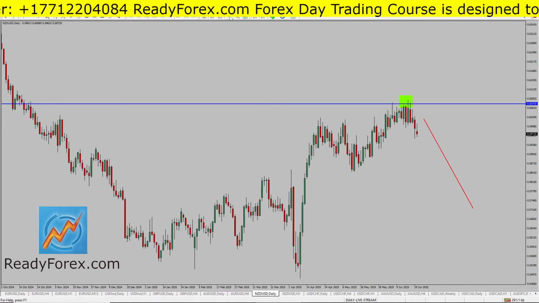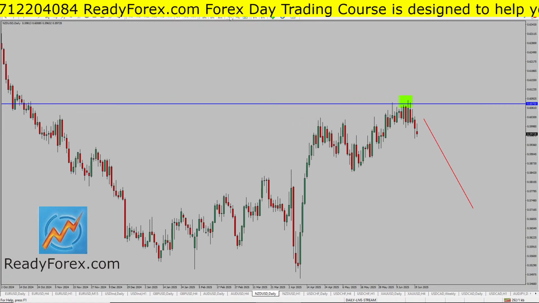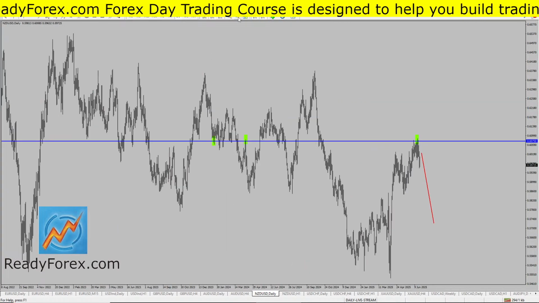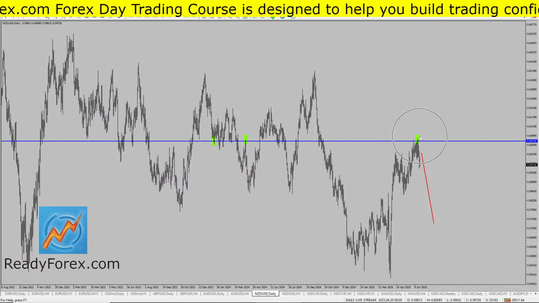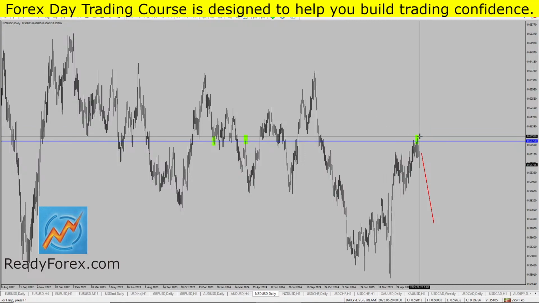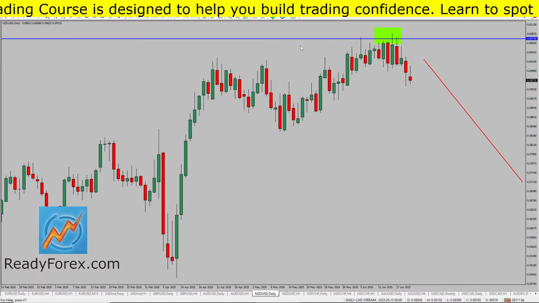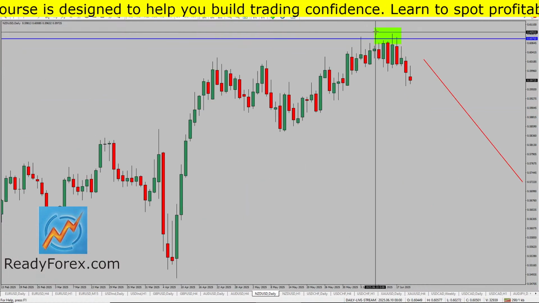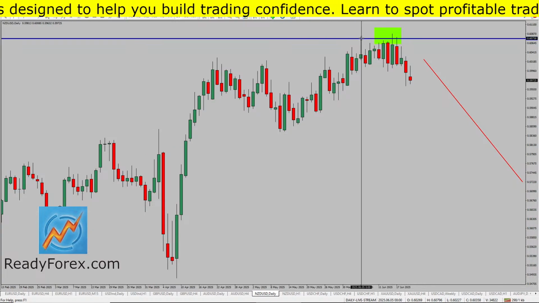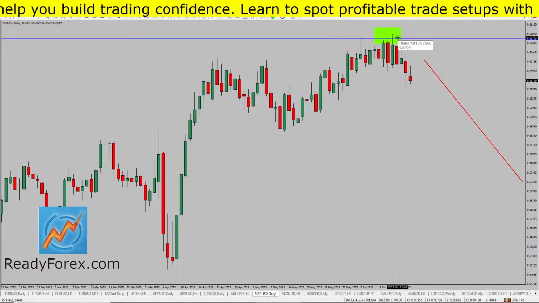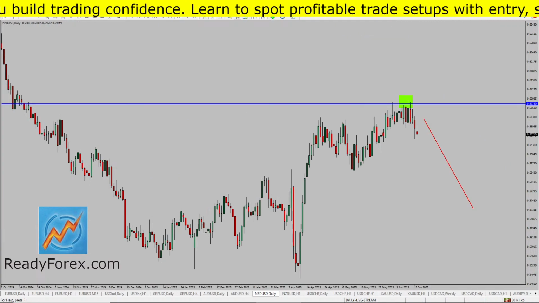Nothing works 100% of the time in trading. Okay? So it's a high probability that the NZDUSD currency pair is going to find aggressive sellers over here, and it's going to drop. Now we got multiple attempts in the market to test this 0.6075 level. Test over here, second one over here, and the third one over here.